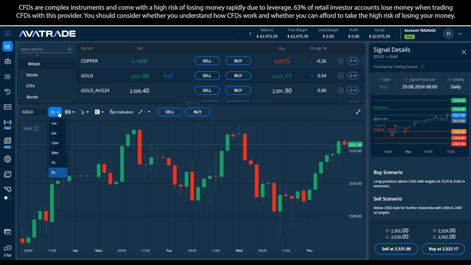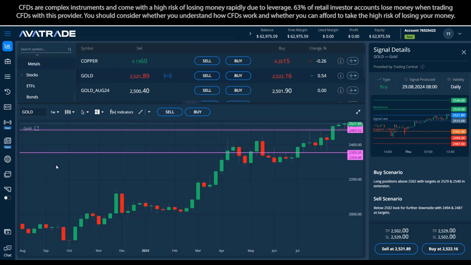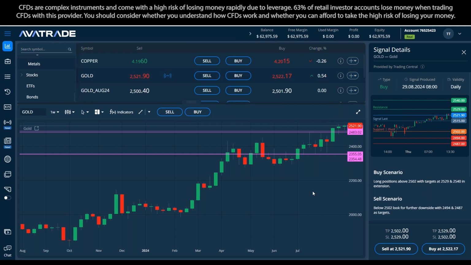So if we look at the larger picture on gold, 1 week candles, we see it's been hitting all-time high after all-time high. Clearly, there's economic fear out there, perhaps fear that inflation could come back if rates are decreased in the US and other places, because inflation has not gotten down to the target of below 2% in the US.